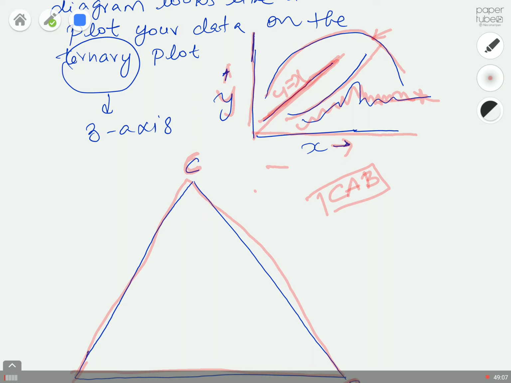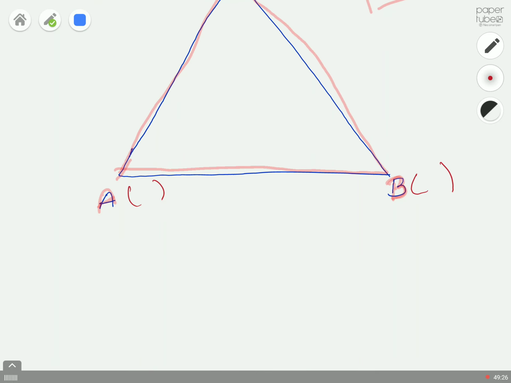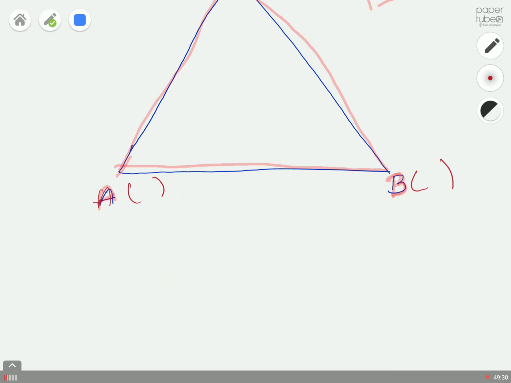Let me change the highlighter to pen. I hope you all remember what this value C is. Always remember CAB, never miss this notation.